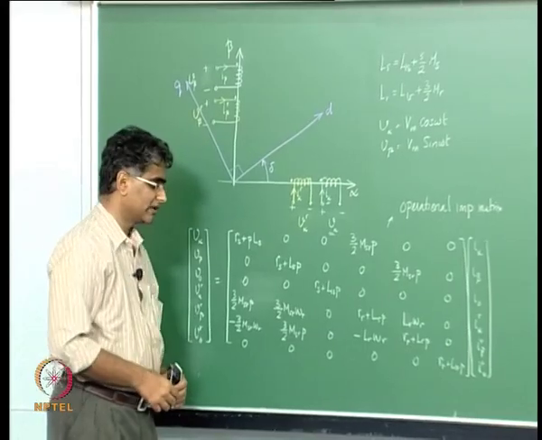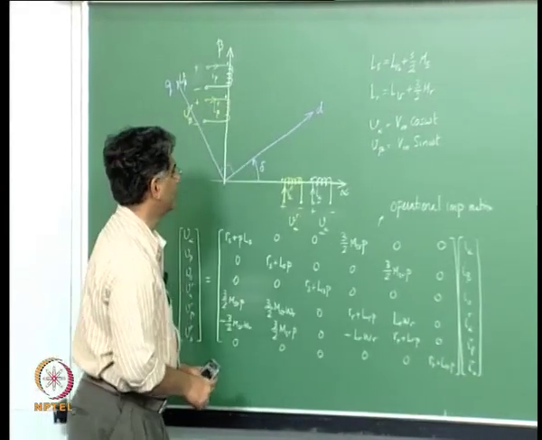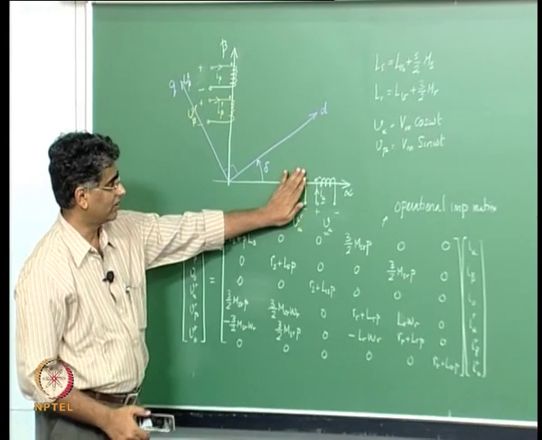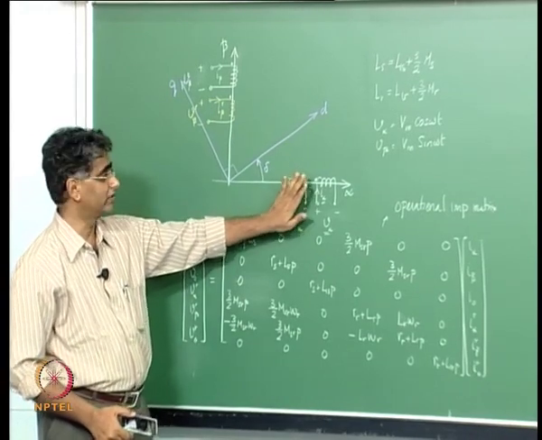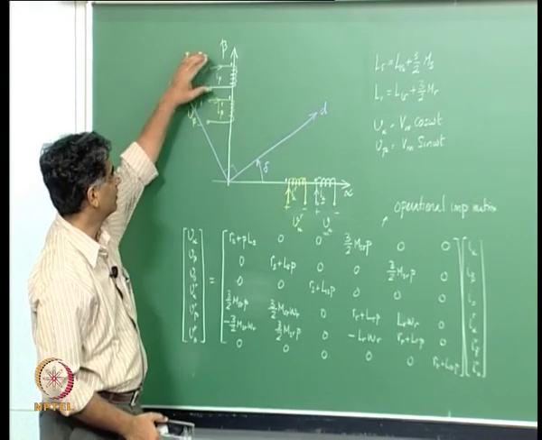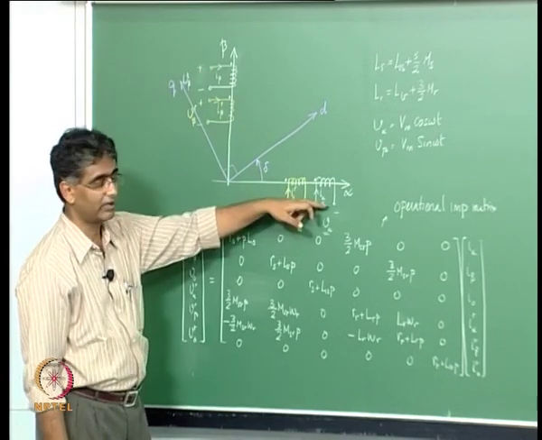And let us further say that we now want to find out what will be the MMF generated by, let us say, the stator excitations. Forget about the rotor for the time being. Let us look at V alpha applied to the stator, V beta applied to the stator. There is a current flowing, I beta and I alpha.